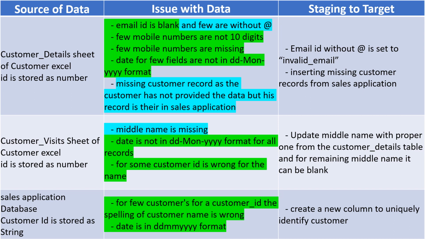So these two have already been processed as part of source to target, but you would see that a new column to uniquely identify the customer has been added, and we'll talk about this new column when we discuss surrogate keys.